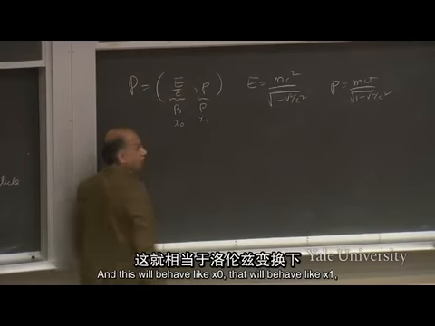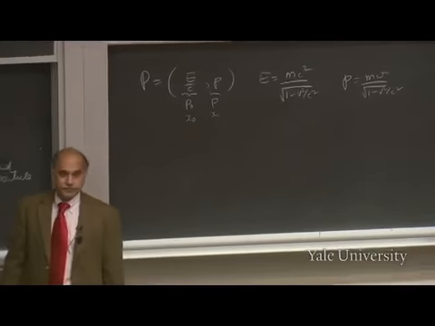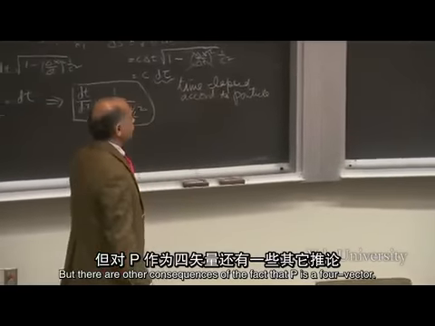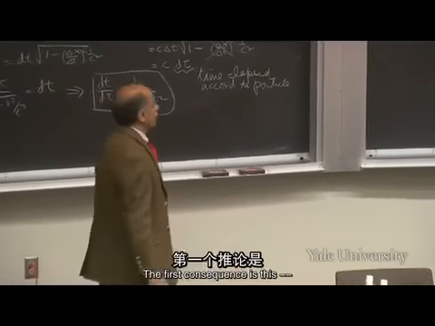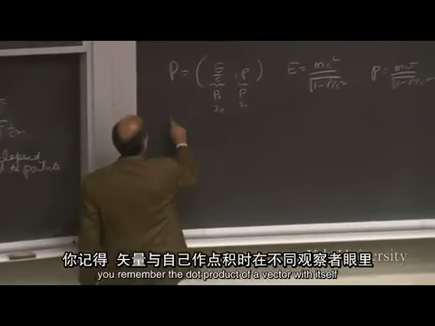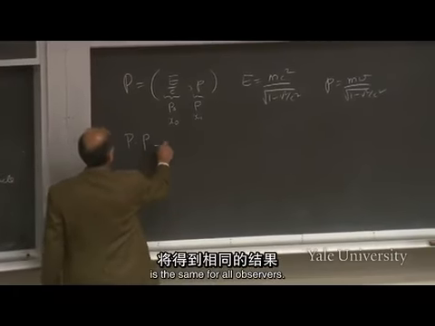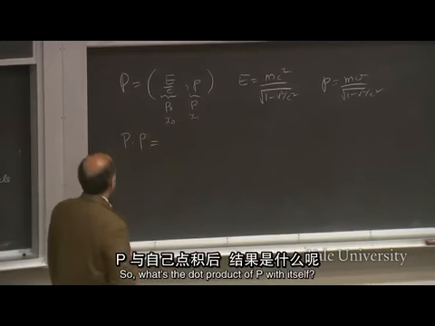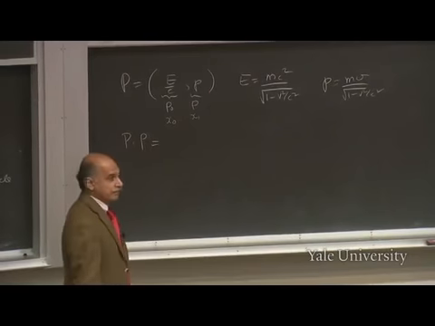That will behave like x1 under Lorentz transformation. But there are other consequences of the fact that p is a 4 vector. First consequence is this. You remember the dot product of a vector with itself is the same for all observers. So what's the dot product of p with itself?